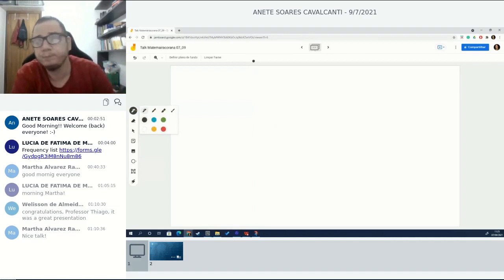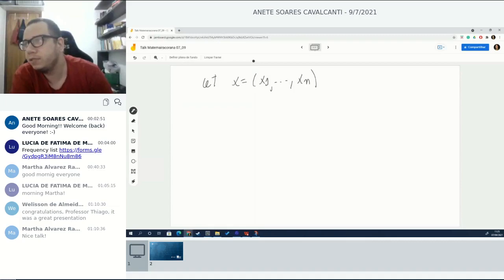Then let X equal to x1, ..., xn be a central configuration, a Dziobek configuration. Then we can consider the matrix of the configuration, AX.